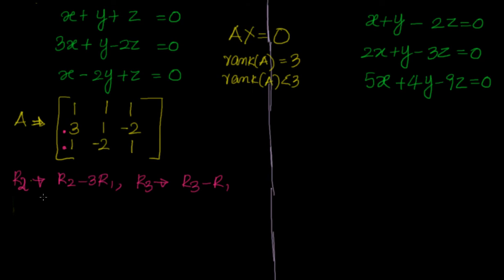Now how will this matrix turn out after this transformation? It will be 1 1 1, then R2 minus 3 R1: 3 minus 3 is 0, 1 minus 3 is minus 2, minus 2 minus 3 is minus 5.